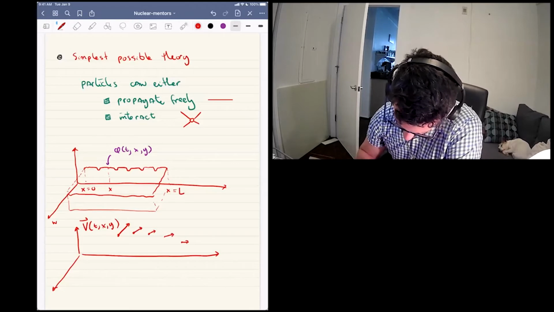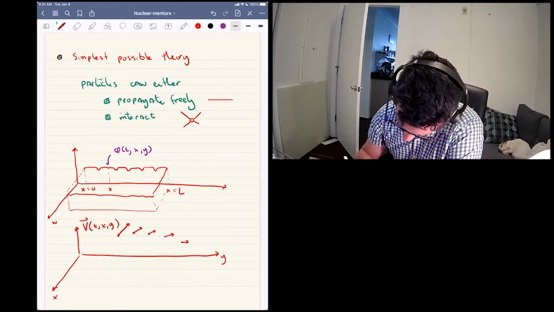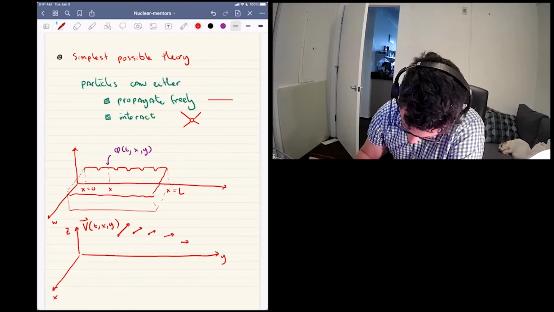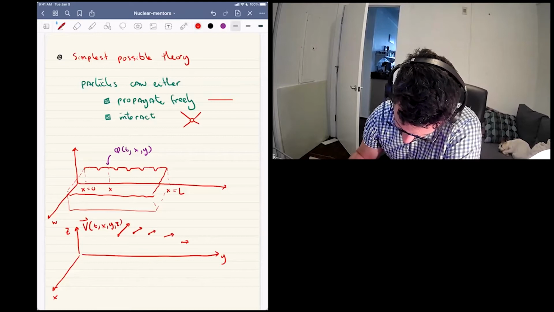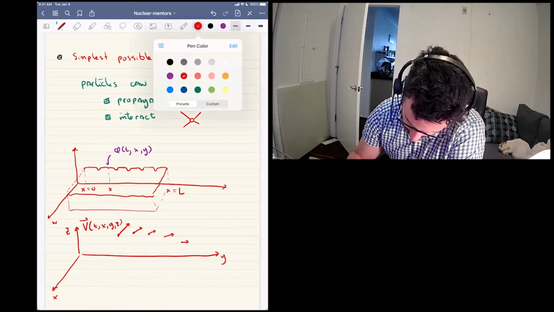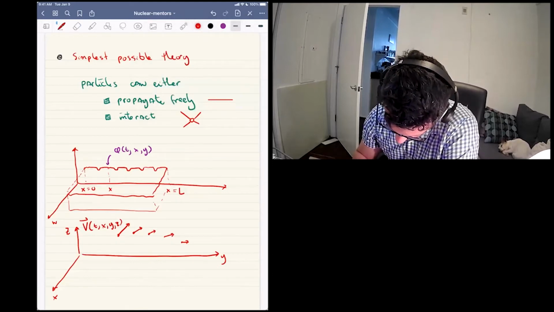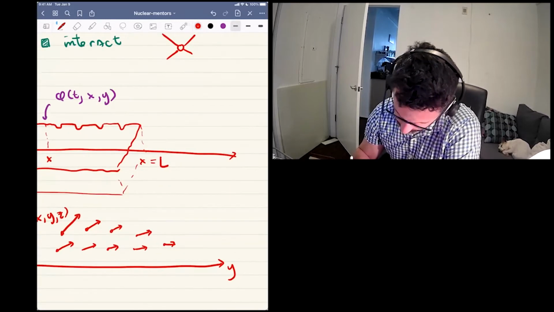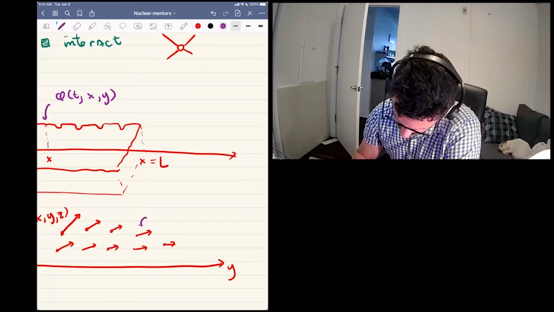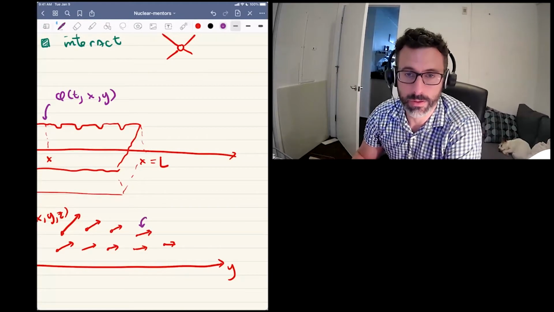And now here I'm going to make it a function of not just x and y, but also z, because the wind is different depending on the height. And so at any point, the wind has some magnitude and some direction.